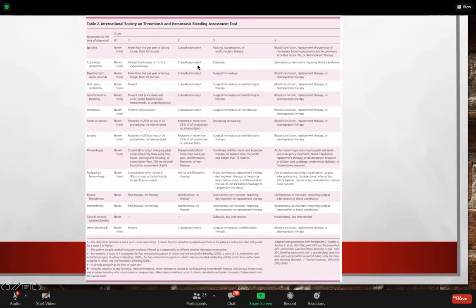Did it require consultation with a hematologist? They consider this 2 points in the score. Was it extensive, all over their body? Did it end up leading to blood transfusion? This is 4. So we are trying to turn the history, which can be very subjective, into something more objective, okay?